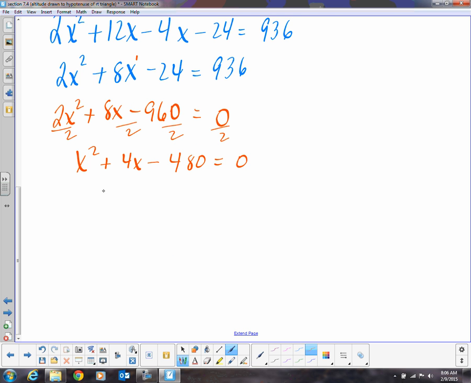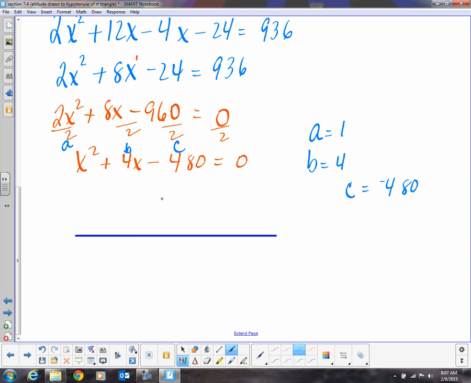So you can either factor this or use the quadratic formula. Anybody remember the quadratic formula? Okay, it's ax squared plus bx plus c equals 0. This is a, this is b, this is c. In other words, a is 1, b is 4, c is negative 480.